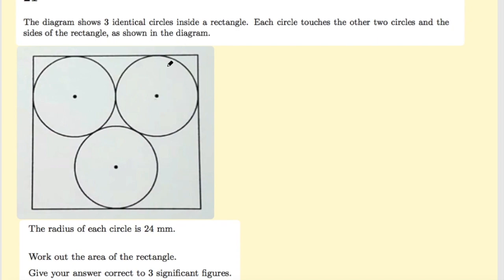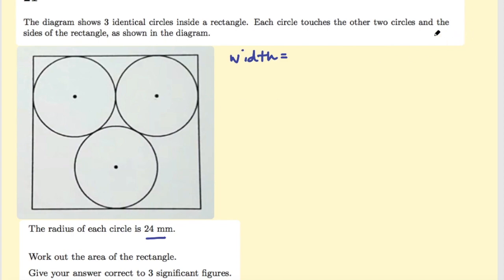Okay, so we're given 3 circles inside a rectangle and we're told the radius of the circle is 24 millimeters. And we are told they are identical circles, so they all have a radius of 24 millimeters. So to work out the area, we need the length and width of this rectangle.